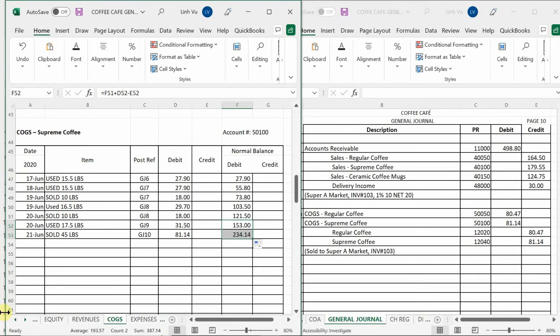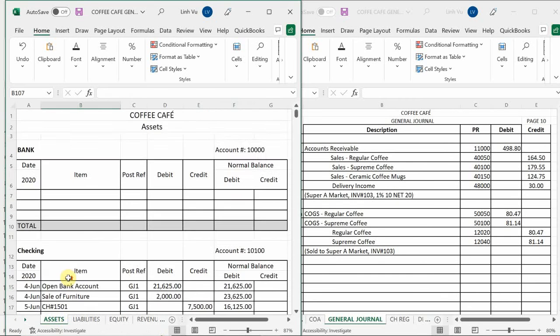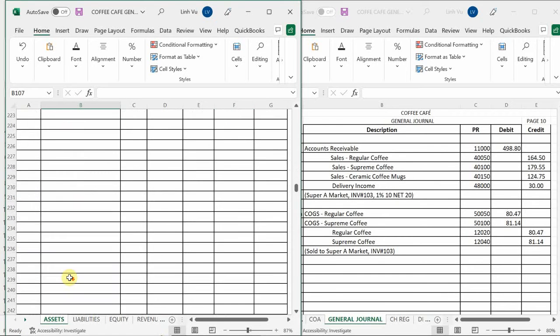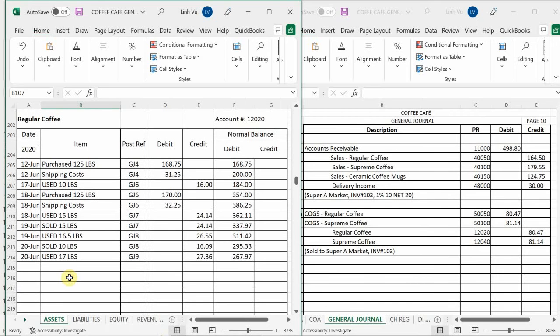And now we update the inventory on the asset. So it's regular coffee beans and Supreme coffee beans. Yes, so here's my regular coffee. We sold 50 pounds at $80.47.